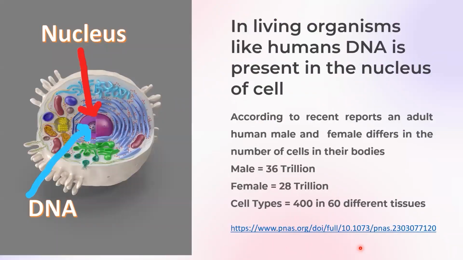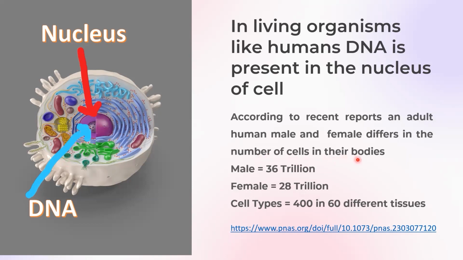So, let's see. DNA in living organisms is mainly present in the nucleus of the cell. If you look at the overall cell, just in the center there is a region known as the nucleus, and in this nucleus the DNA is present.